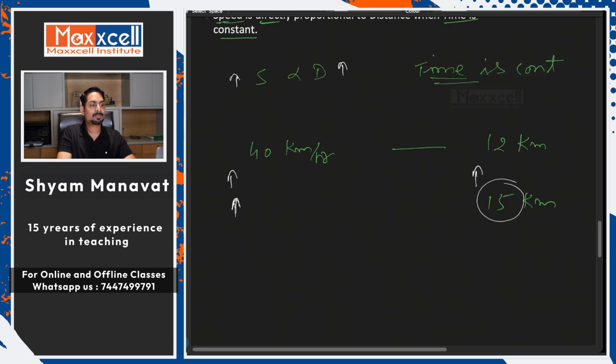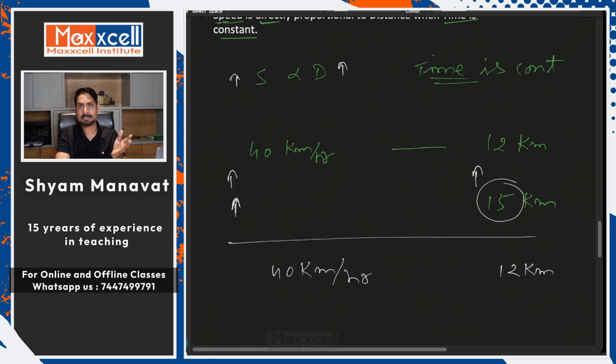For example, if you say at 40 kilometers per hour you cover 12 kilometers in some time, we can calculate the time here because speed and distance are both given, but that's not what we are trying to learn here.